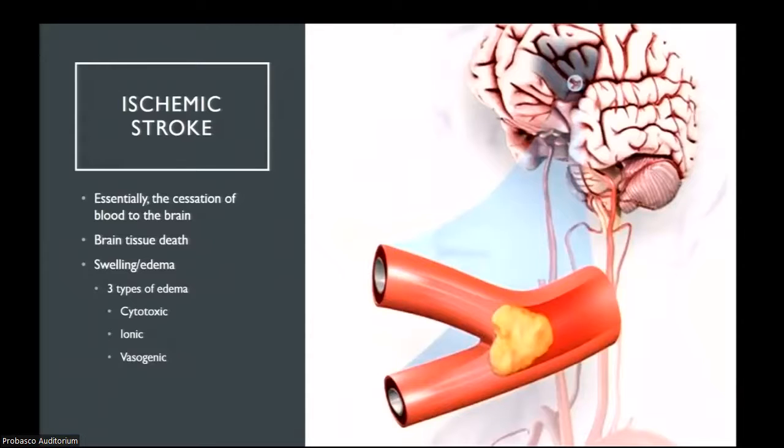The ischemia often leads to a bunch of different inflammatory processes, and ultimately the cells end up dying in the brain if they're not oxygenated appropriately, or if they're part of the core, they just die. Along with the tissue death, we often see edema, especially in the case of a large hemispheric stroke. And there are 3 significant types of cerebral edema that we'll talk about in the next couple slides.